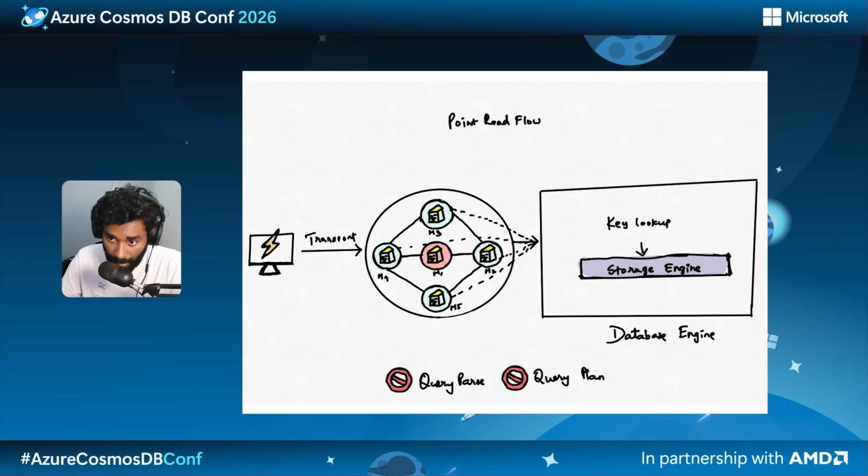The request goes directly to the replica set, and inside the database engine, it performs a direct key lookup, and from there, the storage engine retrieves the document immediately, because we skip the query processing and planning step. The operation becomes much faster and more efficient. This is going to result in lower latency and lower cost.